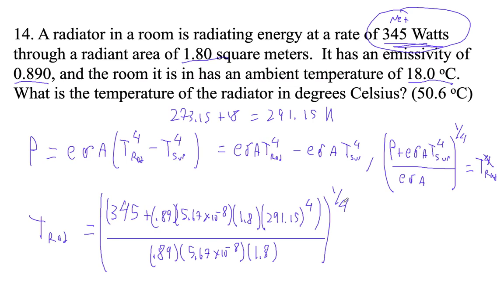That's important. Now I'm going to go right arrow, down to the denominator, 0.89 times 5.67 times 10 to the minus 8th times 1.8. So I'm done with the denominator. Let's go to the right of this, right parenthesis, and raise it to the 0.25.